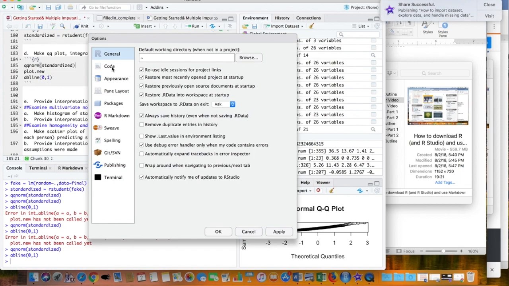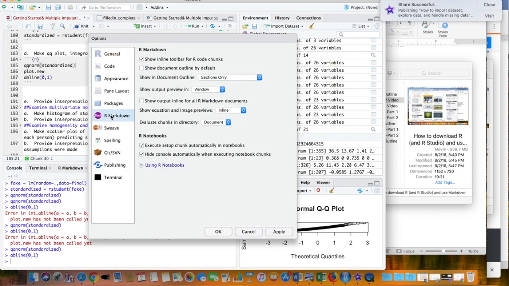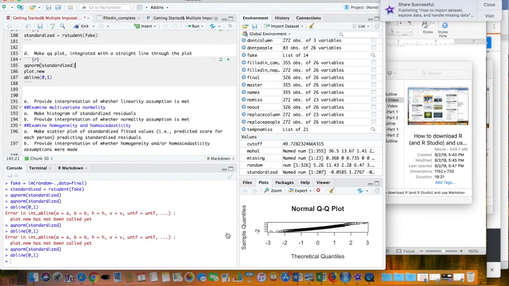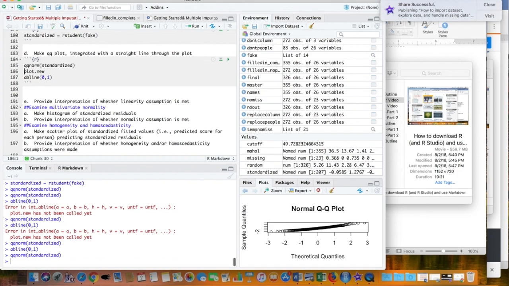If that ever happens to you, go to R Markdown. This is something specific to Markdown, and this checkbox was actually ticked. It said show output inline for all R Markdown documents, which I think forces all output, including graphs and tables, to be in the R Markdown document when you're working in RStudio. So I went ahead and unchecked this, and that seemed to fix the problem. So let's try this again.